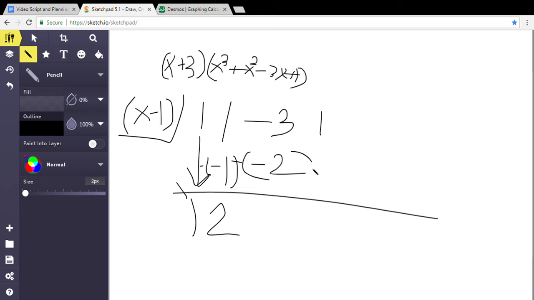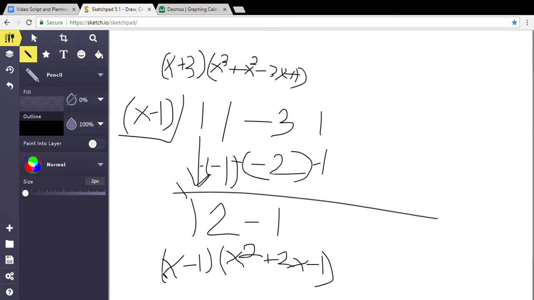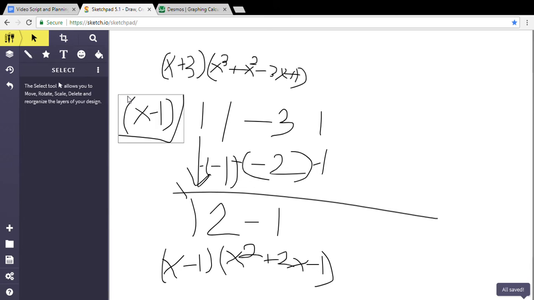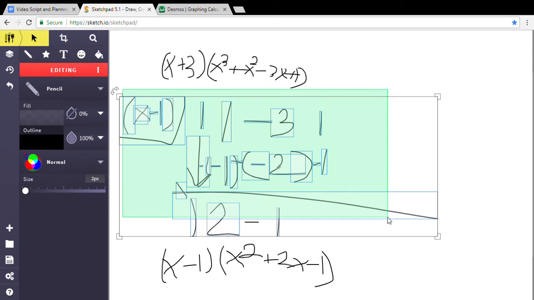Subtract -2 is adding 2. -3 plus 2 is -1. -1 times -1 is 1. Subtract, 0 remainder. So we have x minus 1 times x squared plus 2x minus 1 as our next factored part of this equation.